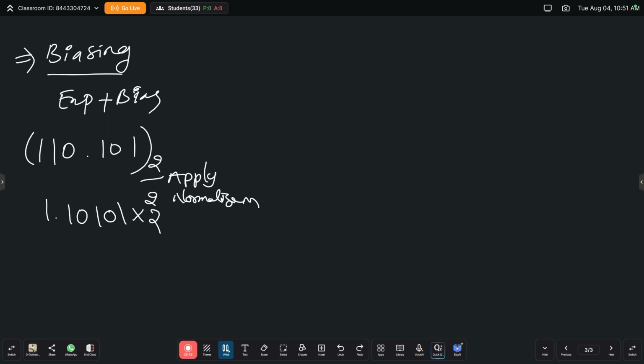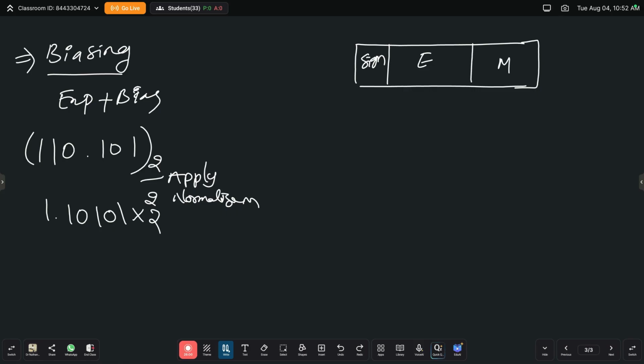So same thing. What are the 3 fields we should consider here? Sign, exponent, mantissa. Correct? You already know this is the mantissa.